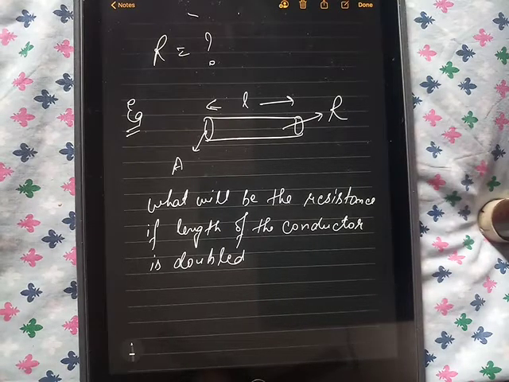If length of the conductor is doubled, what will be the resistance?